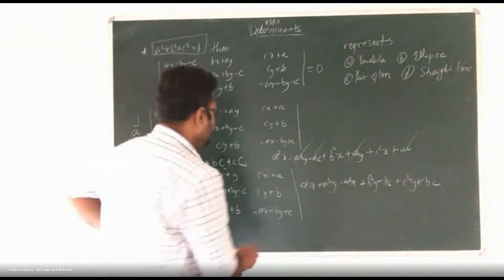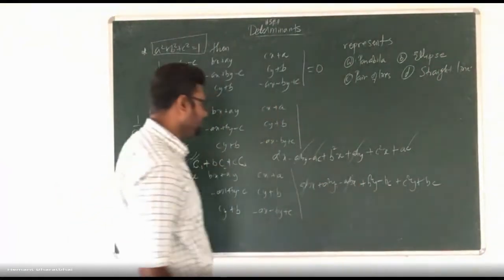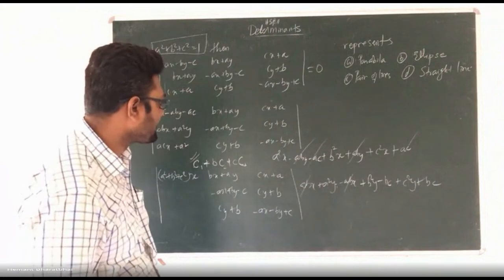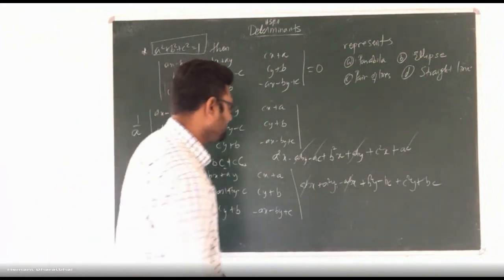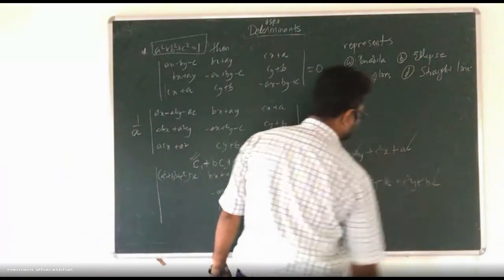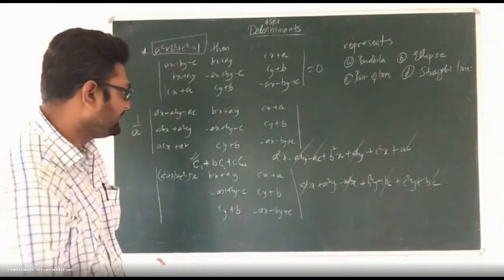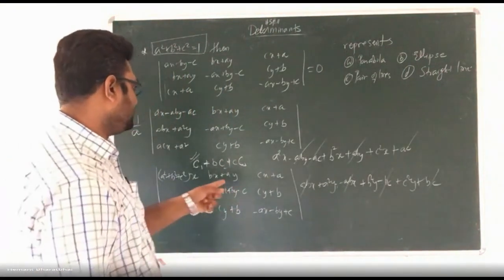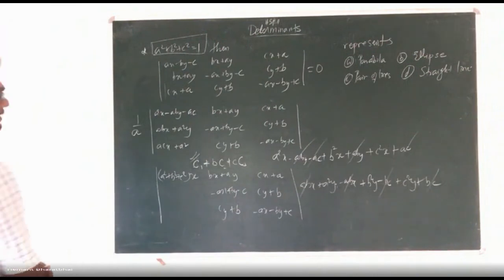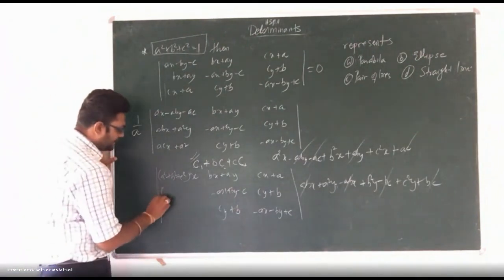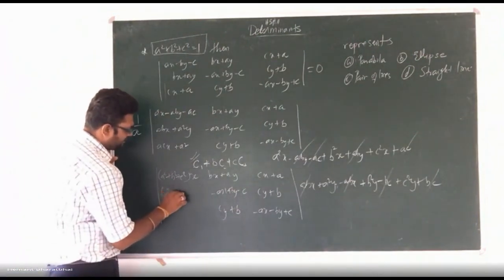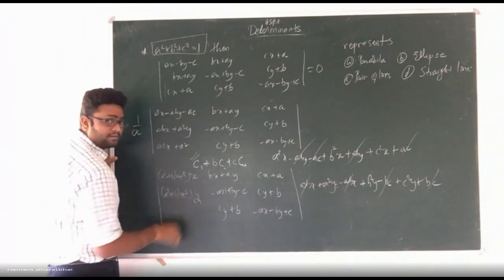So here plus abx minus abx will get cancelled, and then plus bc minus bc will get cancelled, and what remains is a square y, b square y plus c square y. So again I can take a square plus b square plus c square common, times y.